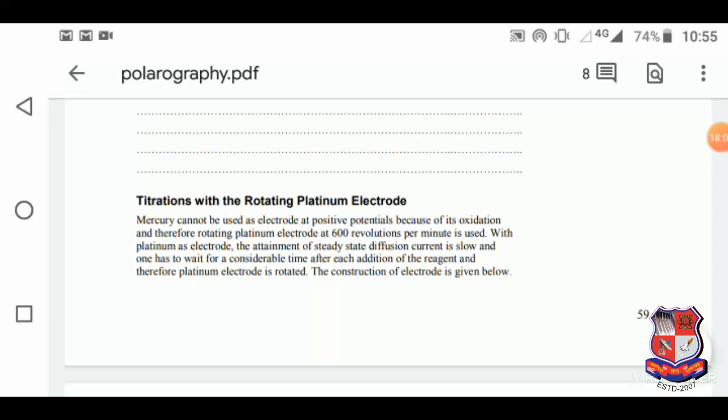Mercury cannot be used as an electrode at positive potentials because of its oxidation, and therefore a rotating platinum electrode at 600 revolutions per minute is used. With platinum as electrode, the attainment of steady state diffusion current is slow, and one has to wait for a considerable time after each addition of the reagent, and therefore the platinum electrode is rotated.